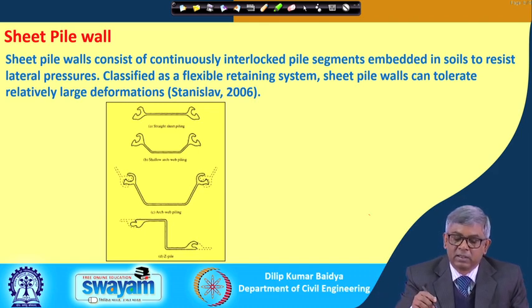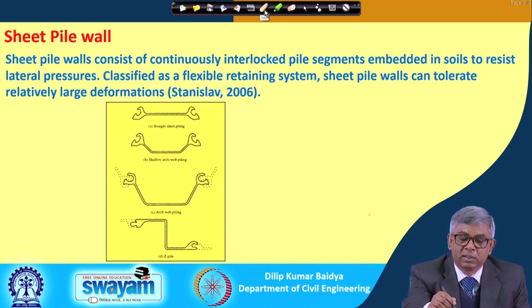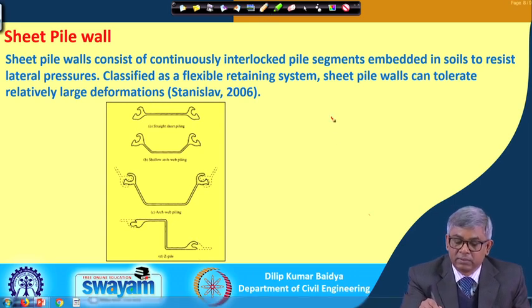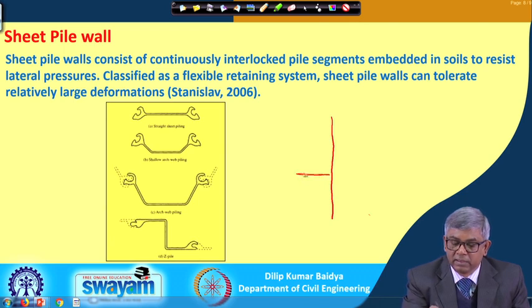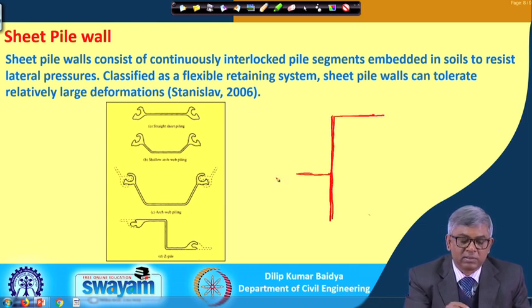If I show the elevation, it will be something like this, and it will be embedded here, and this is our original ground mark. This is actually a thin sheet-like material, and the cross section of the sheet can be like this, like this, or like this.